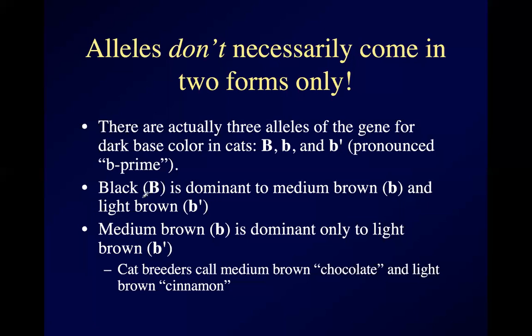And incidentally, what we call black, if you've ever seen a black cat in really bright sunlight, it turns out that a black cat is really, really, really dark brown. We have a couple of black cats, and when you see them lying in a sunbeam, you can see the brown highlights on their fur. But it's dark enough that we usually call it black.